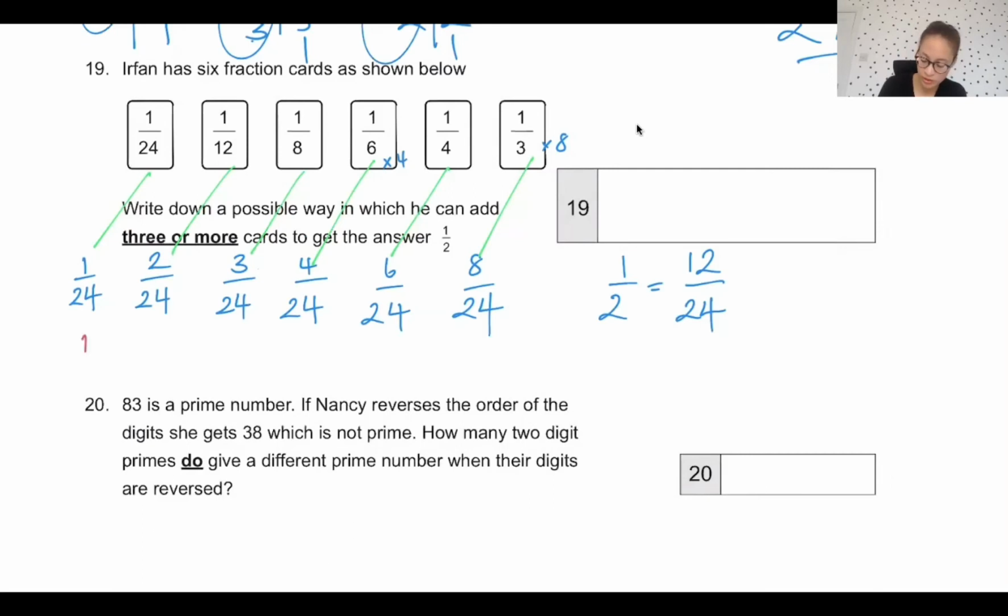So I'll tell you some of the combinations I have. We have 1/12, 1/6, and 1/4. So 12 is 2, 6 is 4, and 4 is 6. So we have 2, 4, 6. 2, 4, and 6 makes 12. So this is one combination that you can have.